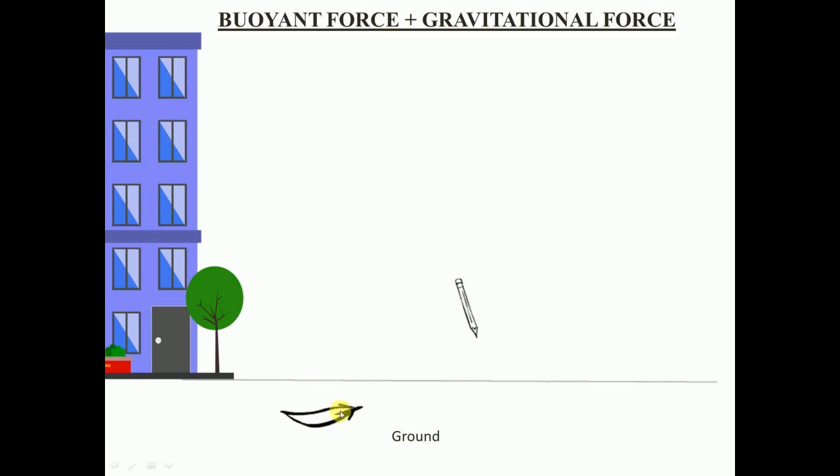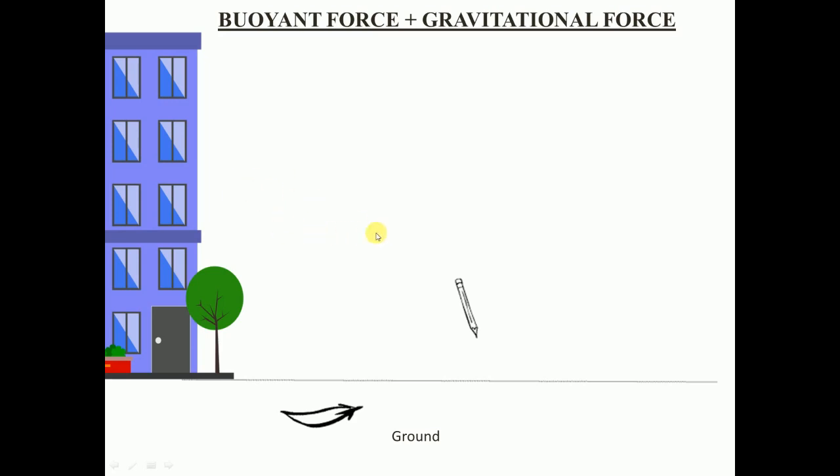Why will it come slowly? Because the feather will float in the air due to its lighter weight and it will come slowly to the ground. Now there are two forces acting on the feather. The air was trying to push the feather upward, but due to the weight of the feather it came very slowly downwards.